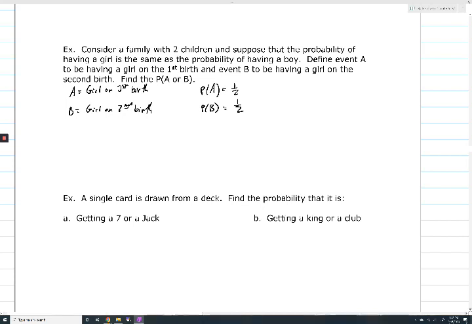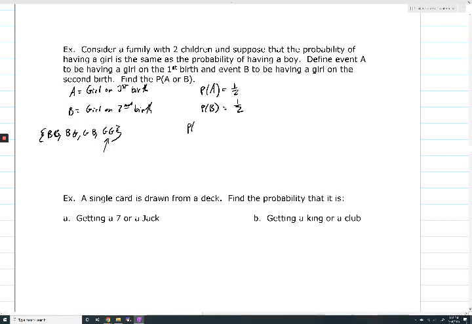Now, are those two events mutually exclusive? Is having a girl on the first birth and having a girl on the second birth mutually exclusive? Think about it. If you're not sure, rewrite our sample space. So remember, we talked about this before. Our sample space of having 2 kids: boy, boy, boy, girl, girl, boy, girl, girl. So is having a girl on the first birth and second birth mutually exclusive? No, it's not, because this last one, girl, girl, is both. We're double counting that one. So it's not mutually exclusive.